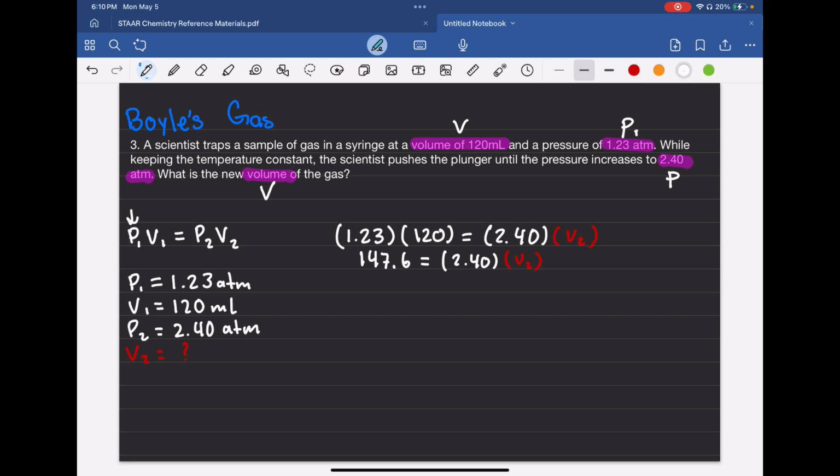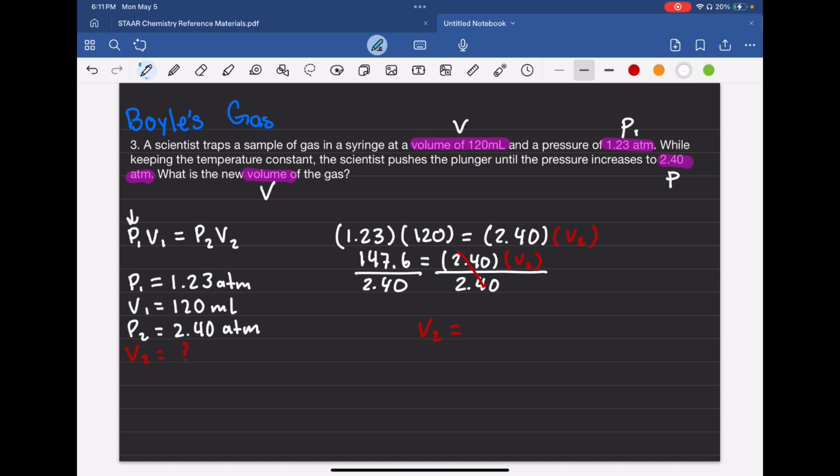Okay, all that's left to do is solve for V2. So in order to isolate this variable, we're going to divide 2.40 from both sides. This cancels out, and we're left with volume 2 on the other side.